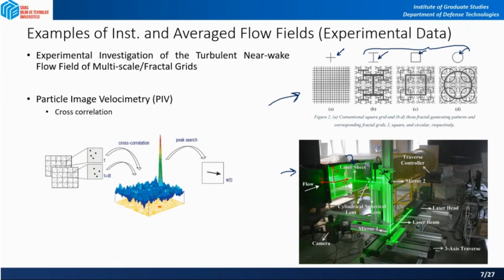The flow comes from left to right. While the laser shoots, there is a camera that takes instantaneous pictures of the flow. What is inside is air seeded by some particles that can actually travel with the air. So we were taking data and saving the data on the computer, and then we worked on the data.